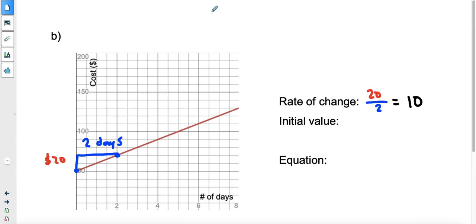My initial value is just going to be where my line starts. And I can see here, my line starts at $50. So my initial value here is just 50. And now my equation is just going to be in the form y is equal to mx plus b.